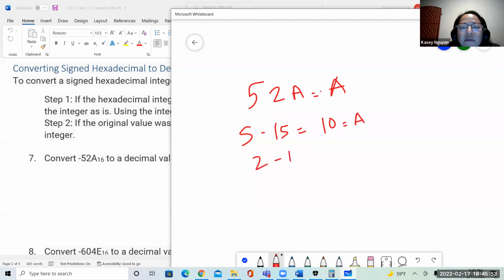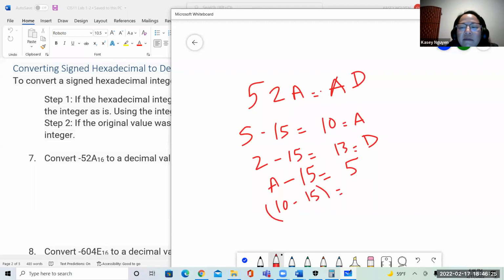And then 2 subtract 15, that's going to give you 13. And that is going to be D. And then A subtract 15 gives you 5, because A is 10, right? So 5.